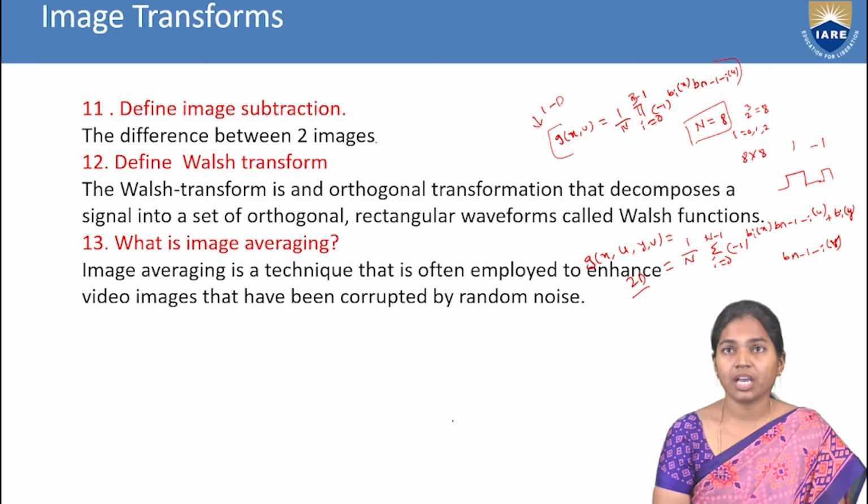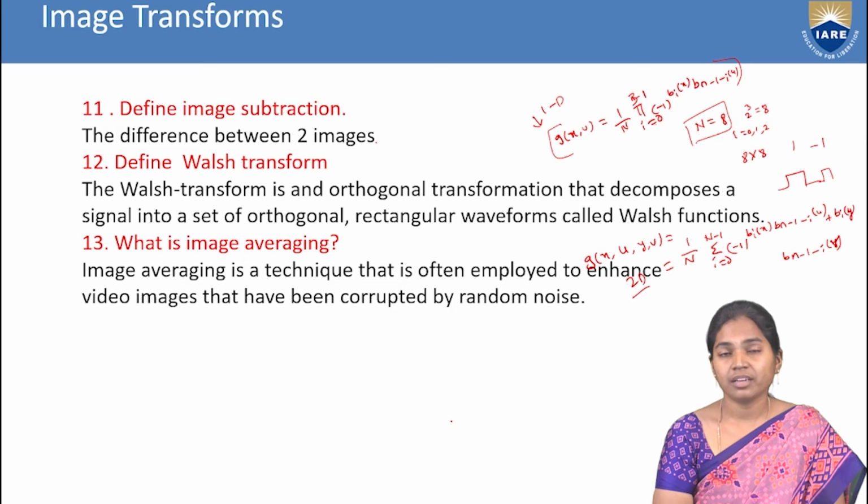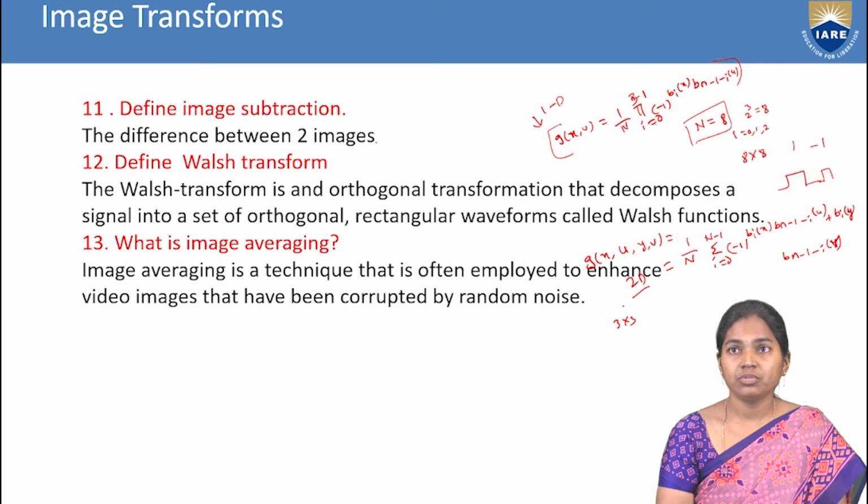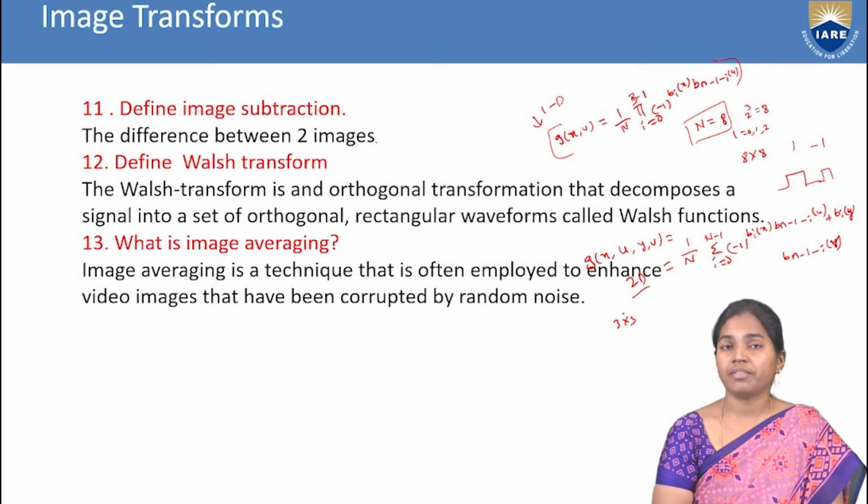What is image averaging? For example, if the image size is 3 by 3, add all the pixels and divide by 9, since 3 by 3 means the total number of pixels is 9. The sum of all the pixel values divided by 9 is the averaging of the image.